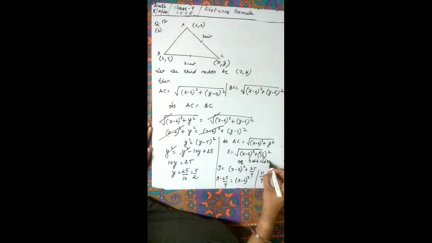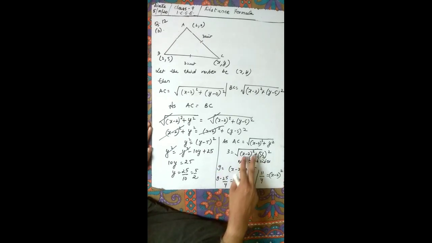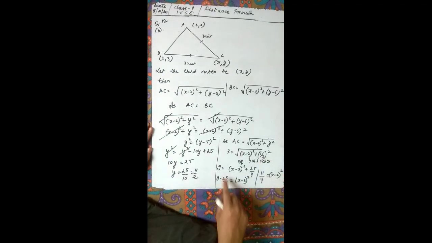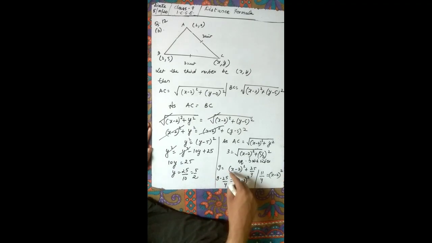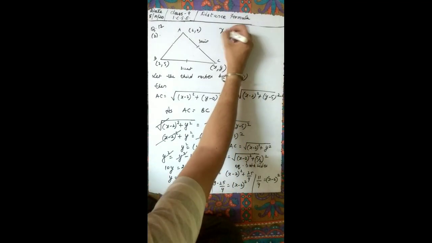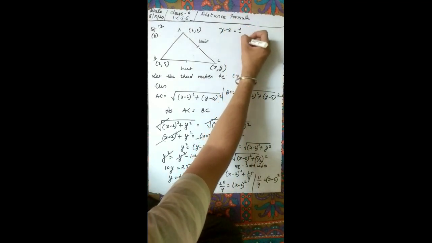Squaring both sides, 3 squared is 9, this as it is, and 5 by 2 squared is 25 upon 4. Now take minus 25 by 4 here, so 9 minus 25 by 4. Take the LCM: 9 fours are 36, minus 25 is 11 upon 4, equal to (x minus 2) the whole square. Now, x minus 2 will be plus or minus root of 11 by 4.